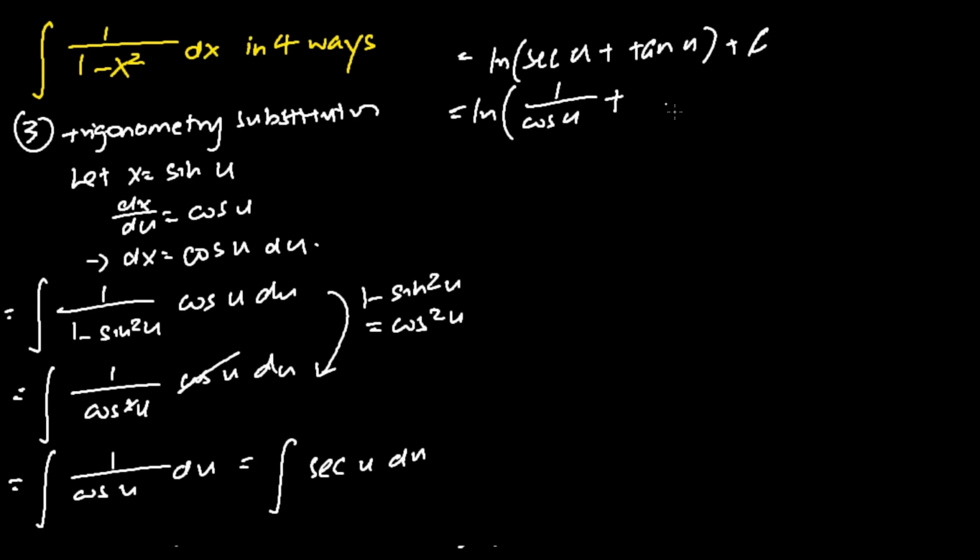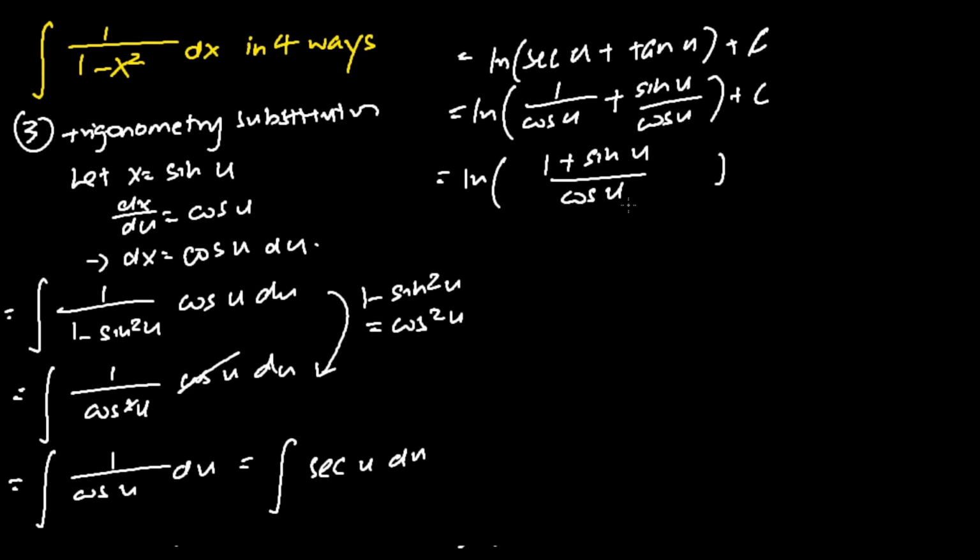My tangent u can be rewritten as sine u over cosine u plus c. And then I can combine the two fractions together. I will get 1 plus sine u over cosine u plus c. And now we need to substitute back to express the integral in terms of x. But how do we go about doing it?